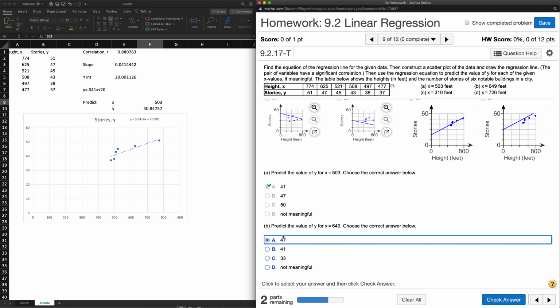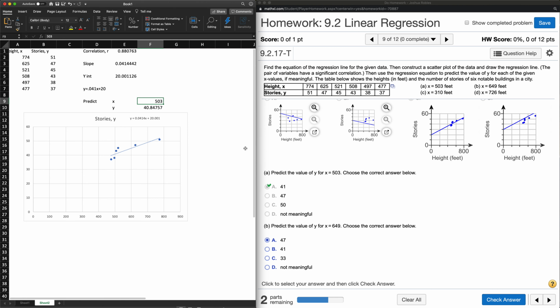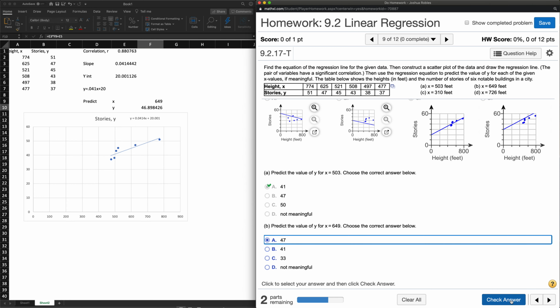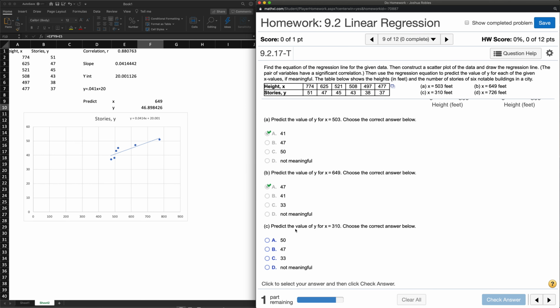So we can see it's going to end up being 47. Let's input and calculate it. 649 times the slope plus the y-intercept calculates to 46.89, so 47. And this is meaningful. This is a value that I should be predicting, or could be.